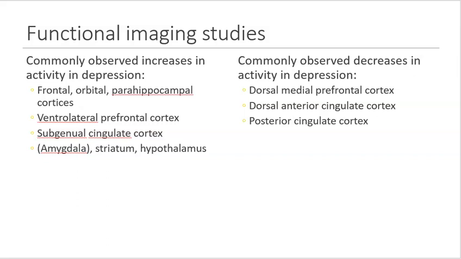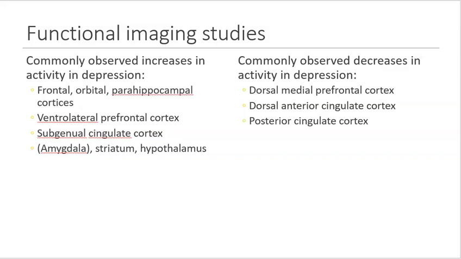You definitely seem to see more, sometimes in the amygdala, sometimes not, but definitely more in the hypothalamus, which we know plays a role with the endocrine system. But then we also see commonly decreased activity in depression of the dorsal medial prefrontal cortex, the dorsal anterior cingulate cortex, and the posterior cingulate cortex.